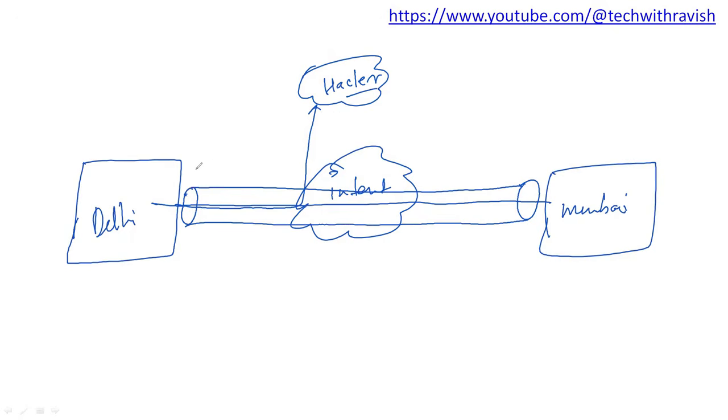VPN creates a private network over the public network. This is my public network, right? On the public network, the VPN creates a private network, and with the help of that, the data cannot be captured or modified between the source and destination during transmission.